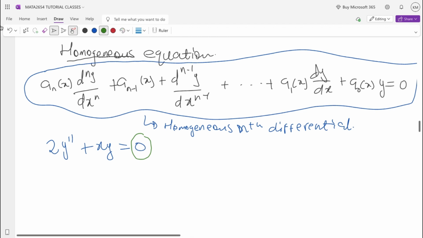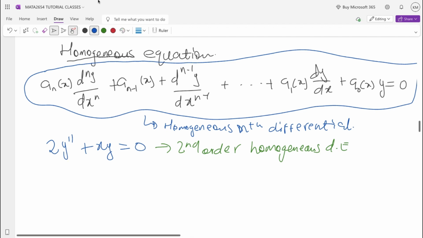This one is a second order equation, because the highest derivative is of order 2. So it's a second order homogeneous differential equation. That is the whole idea of a homogeneous differential equation.